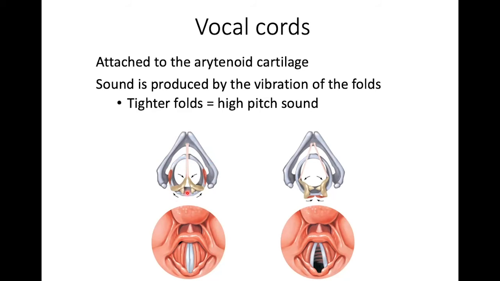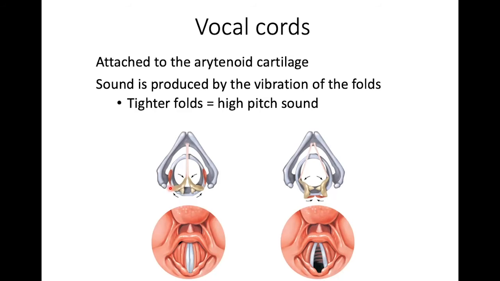You can see how it's thicker posteriorly than it is anteriorly. Now, these are the arytenoids. And then sitting on top of the arytenoids, we have the corniculate cartilage. Okay, so the arytenoids and the corniculates, they are paired, which means there's two of each.